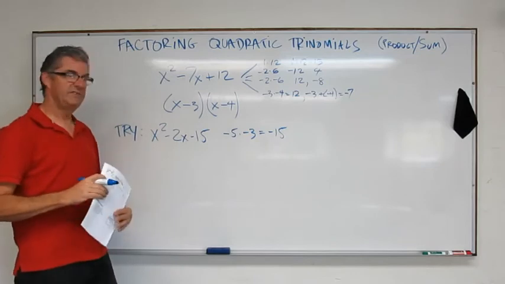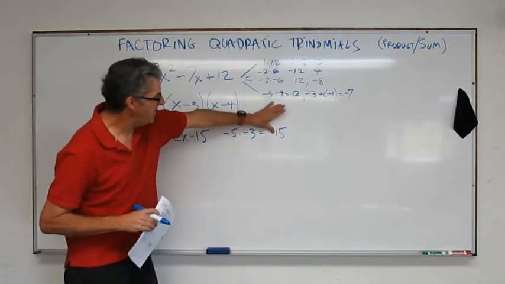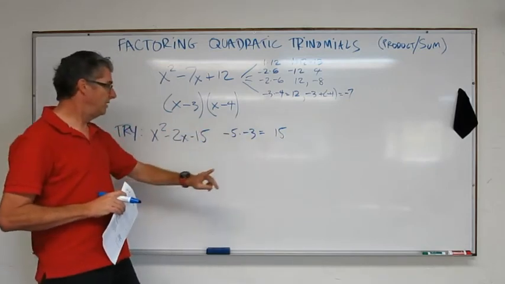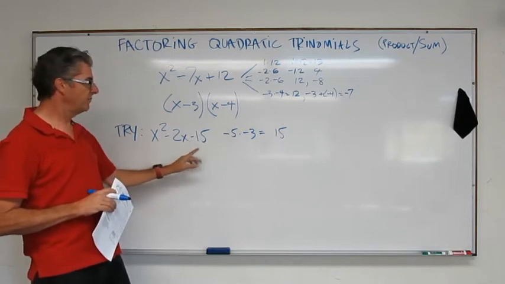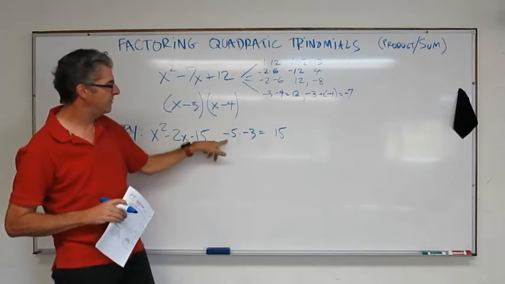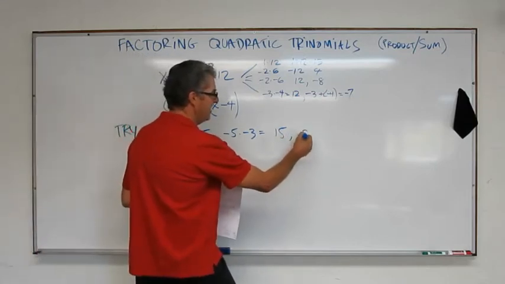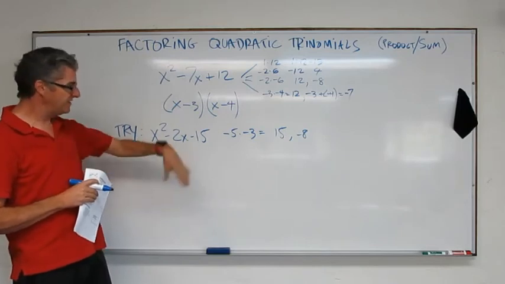Oops. Didn't really do what I needed it to do, because I'm sorry, it's positive 15, right? Negative times negative is positive. So I'm not going to get my negative 15 here. So I already know it's not going to work, but let's just add them up also. Negative 3 plus negative 5 gives me negative 8. So I don't have the negative 2 I need in the middle either. So that's not going to work.